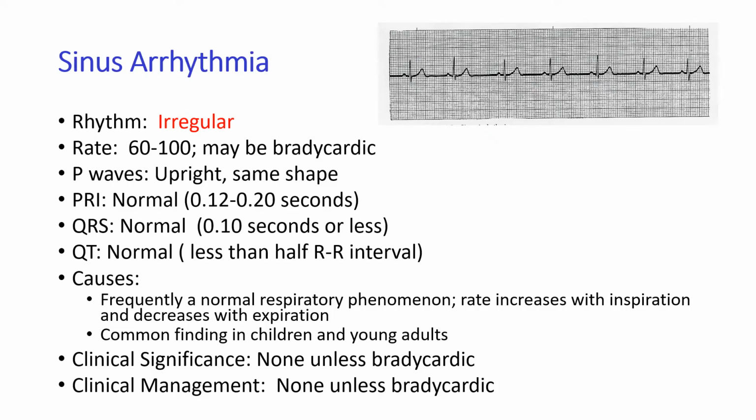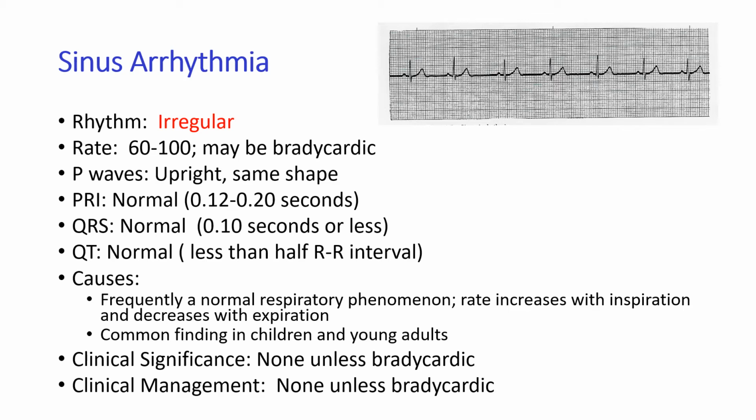Now, looking at the sinus arrhythmia, it's irregular. All that is, is that the rhythm is irregular. So your R to Rs are off by 3 boxes or more. We would calculate the heart rate by using the 6-second strips. And these patients usually have rates of 60 to 100.